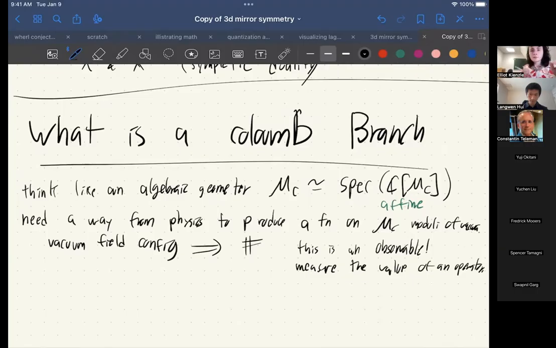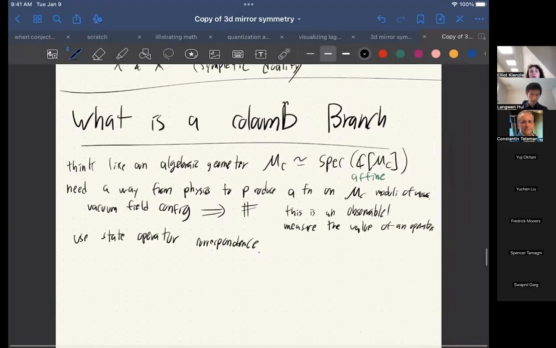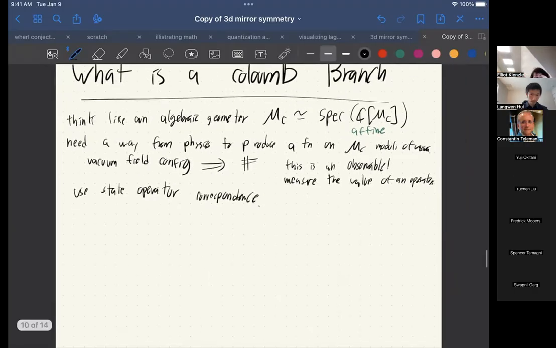Okay. And we're going to access our operators via a philosophy called the state operator correspondence. Okay, what does that mean? So what that means is we're going to think about what Z of S2 looks like. This is going to be some Hilbert space.